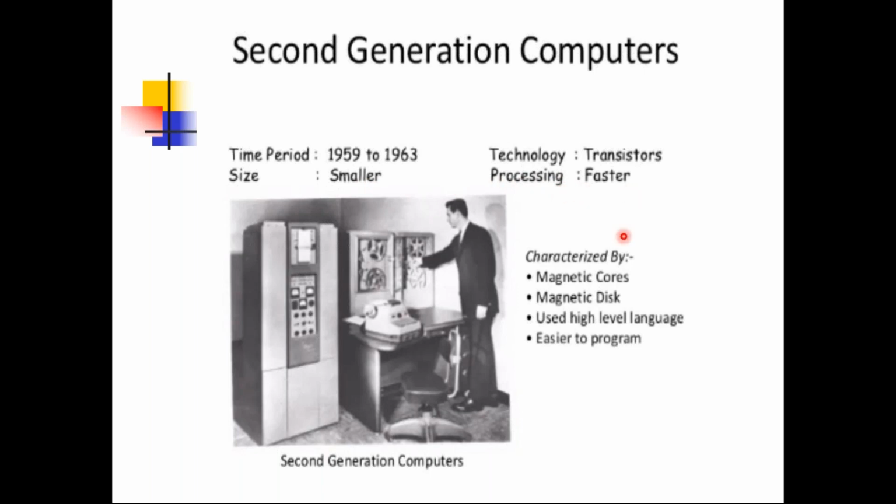It is characterized by magnetic cores and magnetic disks. It used high level languages and was easier to program. No need to worry about this; we just understand these 4 terms. That is more than enough for us to understand the generations of the computers.